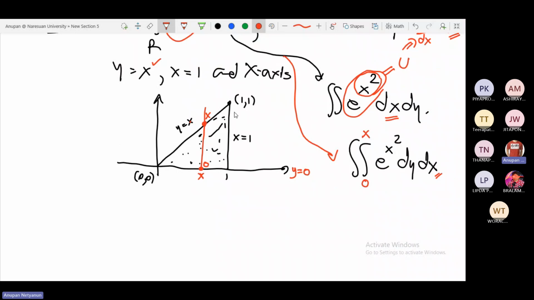You can see that this region starts from this point, which is x equal to 0, and keeps going until x equal to 1. Then it's finished, no more region on the right. So the running numbers for x are from 0 to 1.